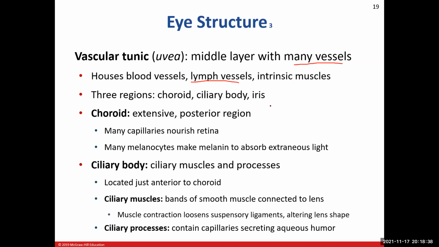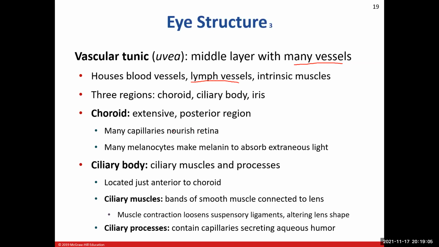The choroid, this is where we're going to see more so in the posterior portion of the wall of the eye. We saw this deep to the vascular tunic here, but this is going to contain a high vascularity, so we can provide plenty of nutrients for the neural layer, or the retina there.